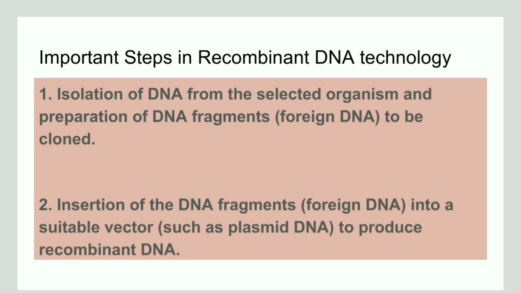Now let us revise the important steps of recombinant DNA technology. First is isolation of DNA, so that we get a foreign DNA. After we get a foreign DNA, the next step is insertion of the DNA fragment into a suitable vector. The vector used here is usually a plasmid DNA. So a foreign DNA is inserted into a plasmid DNA.